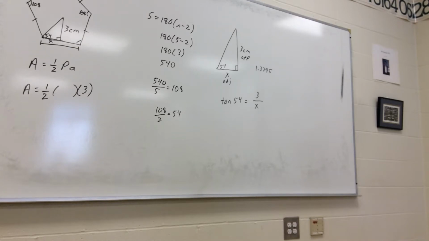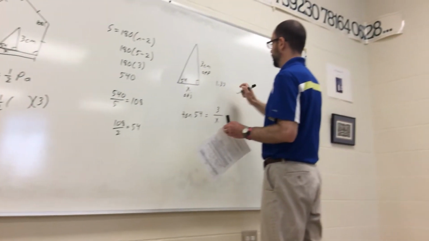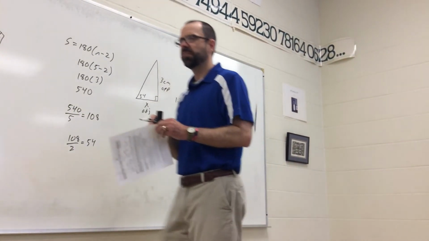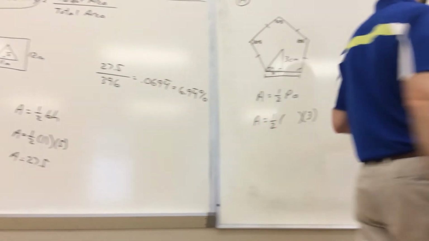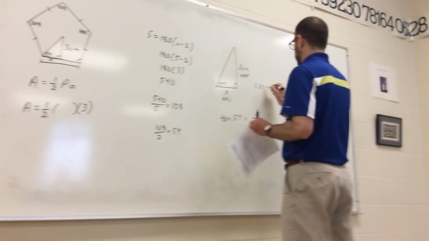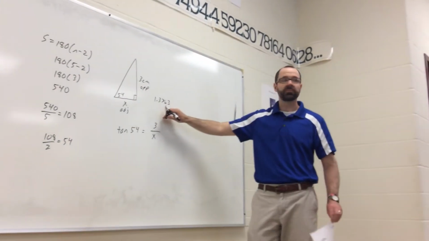Okay. That wasn't terrible. 1.375. What's after the 5? 1.376. And what's after the 6? 38192. 1.3763? Yeah. All right, thank you.